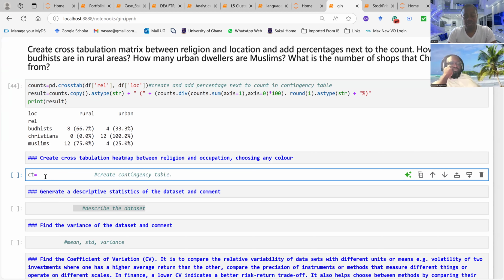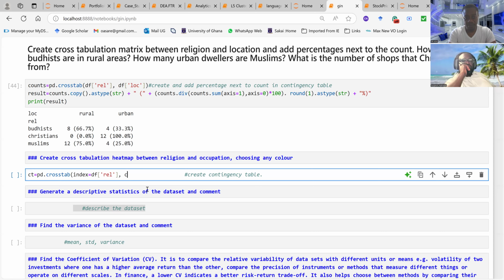Okay, just going to create that pd.crosstab again, and just use the index. The index is equal to df, left and right bracket, because remember, it's the same thing that we are doing. It's between religion, right? So we are going to do REL, step out of the bracket, comma, and then for the columns, occupation, because you are talking about occupation.